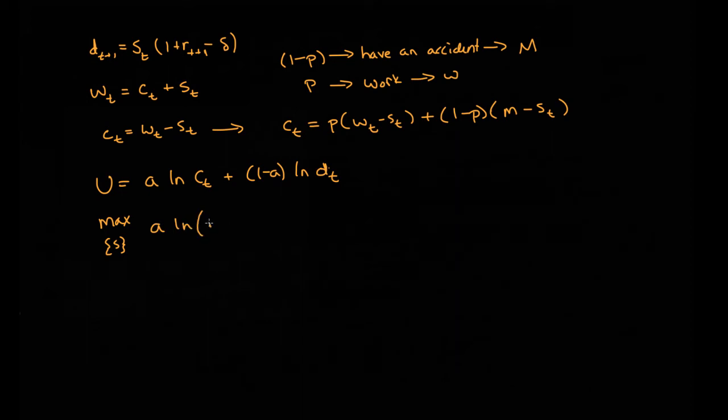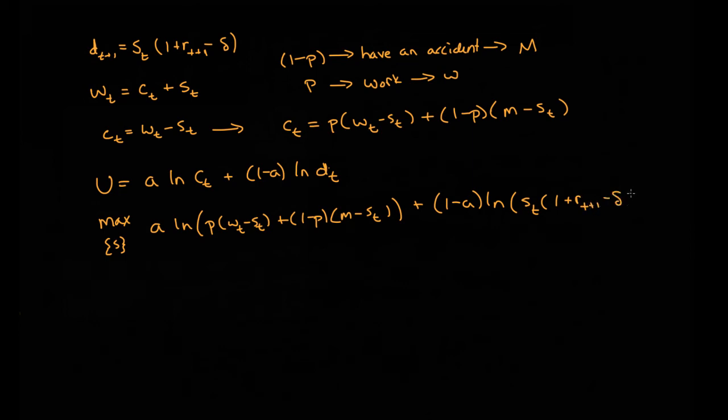So we have p times (W t minus S t) plus (1 minus p) times (M minus S t), plus 1 minus A times the natural log of S t times (1 plus r t plus 1 minus delta).